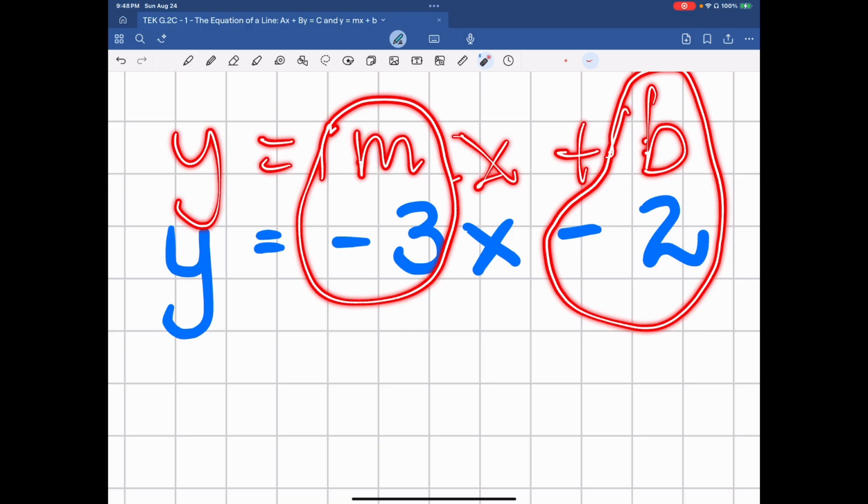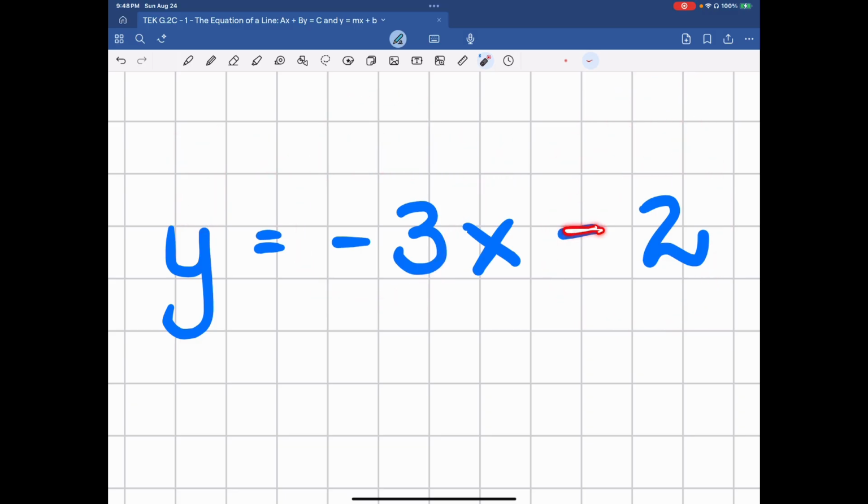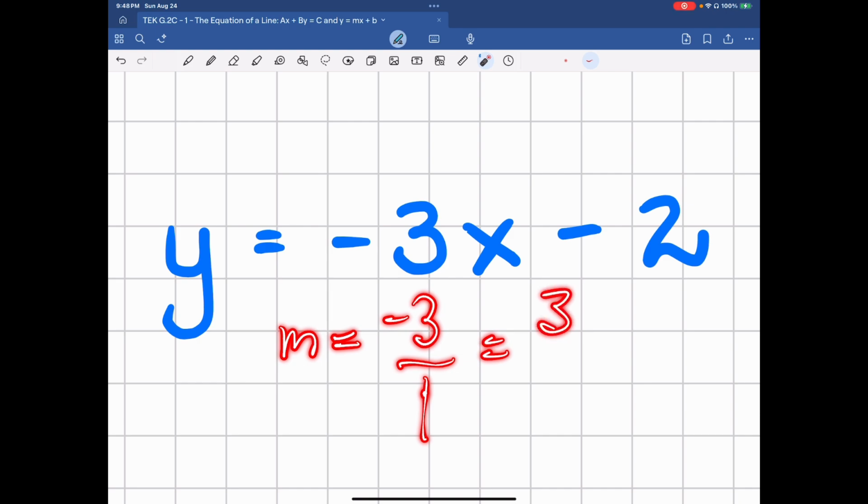Notice, what makes this different from the prior example is that my y-intercept is negative. You have to bring that negative over. So the y-intercept becomes a -2, and the slope is a -3, or the slope is a -3/1, which is also equal to 3 over a -1.